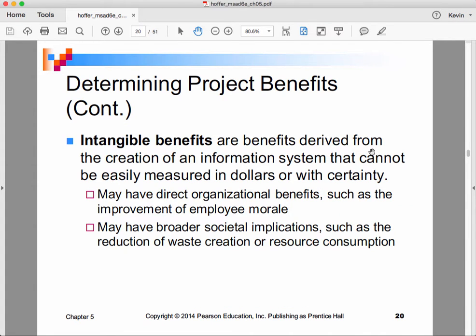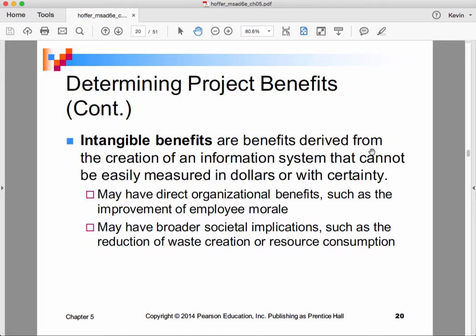Now, benefits are not always tangible. So we have intangible benefits. Those are benefits derived from the creation of an information system, and the benefits cannot be easily measured in dollars, or they are uncertain.